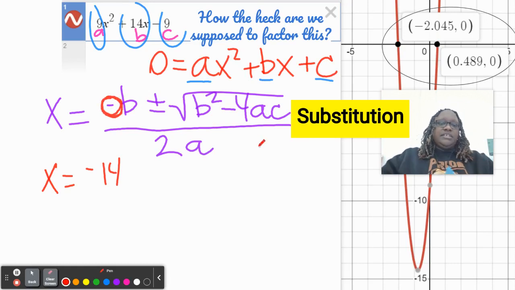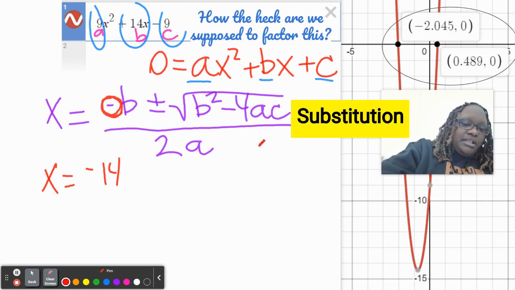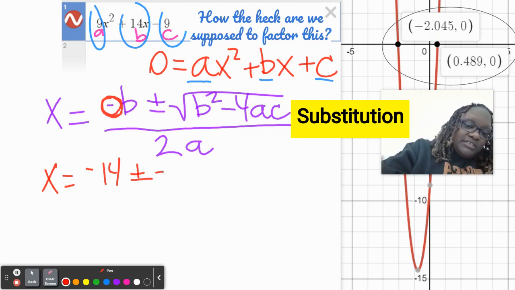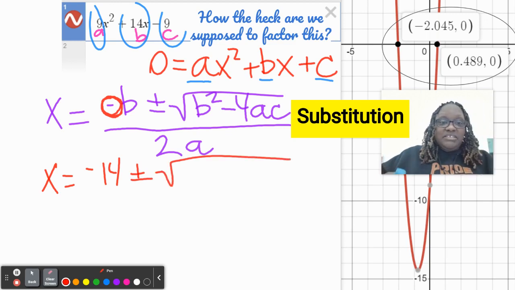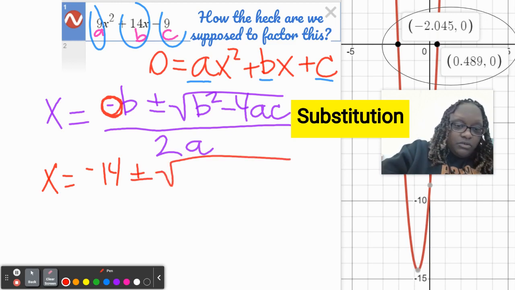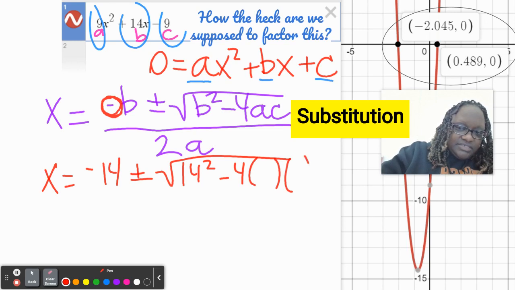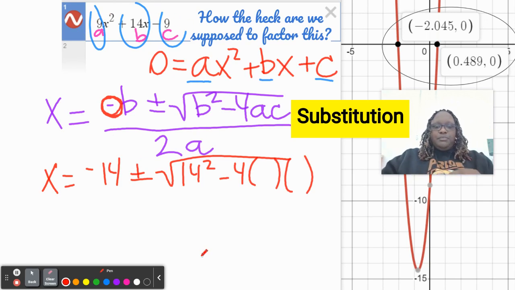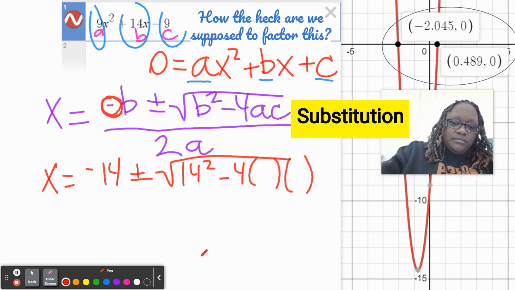So -14 plus or minus, because it's going to be two answers most likely, the square root of b squared. So 14 is b, so 14 squared minus 4 times a and times c. Our a is 9 and our c is -9, so that's what I'm putting in the parentheses.